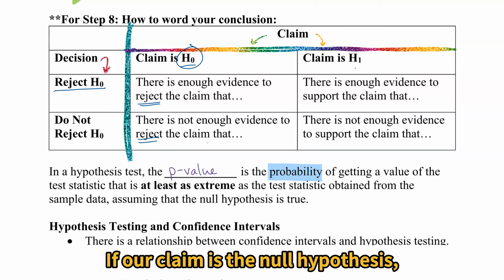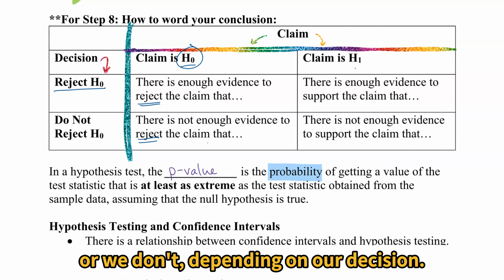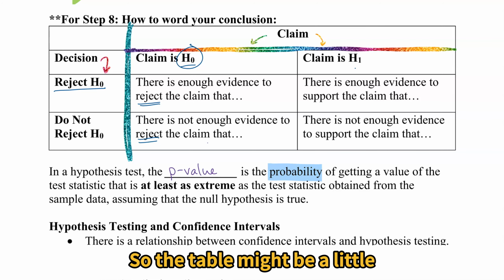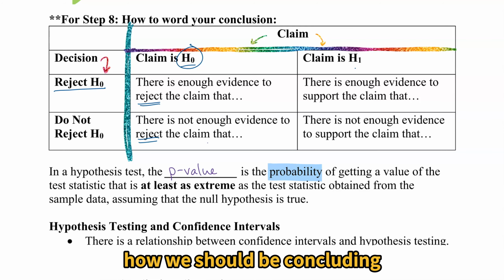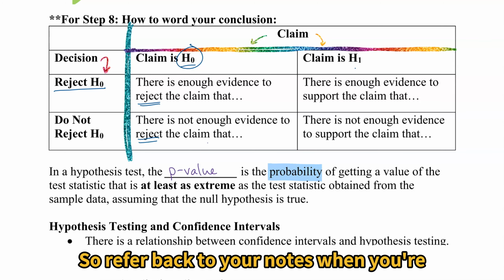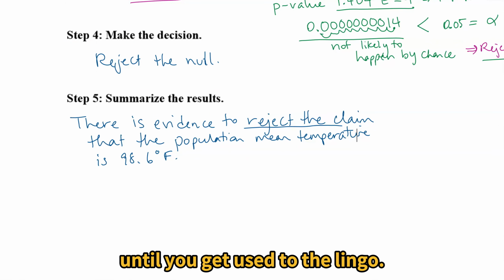If our claim is the null hypothesis, then we have enough evidence to reject the claim or we don't, depending on our decision. So the table might be a little handy in wrapping your head around how we should be concluding these types of problems. So refer back to your notes when you're working through the problems until you get used to the lingo.